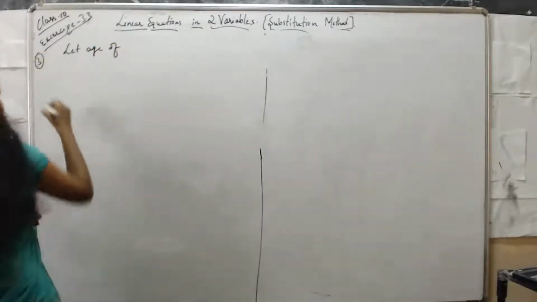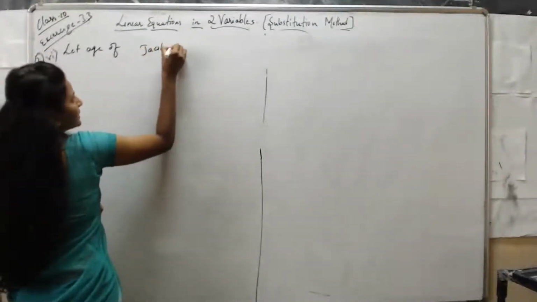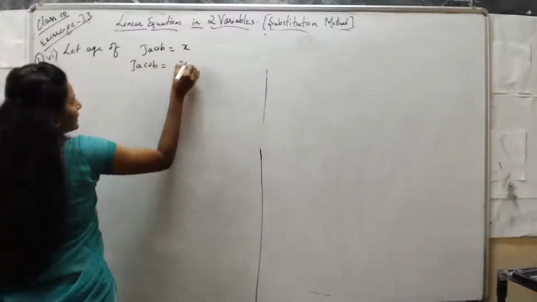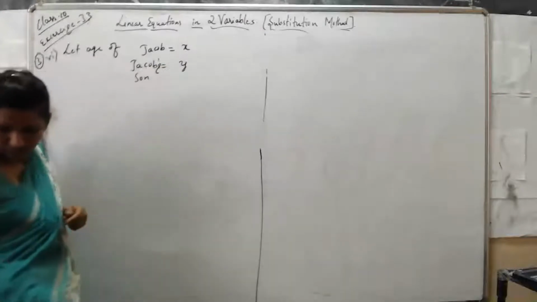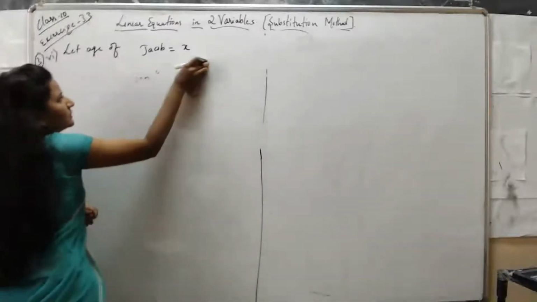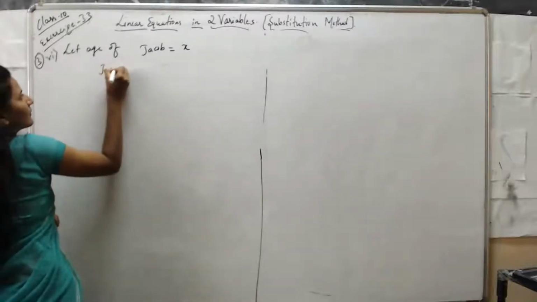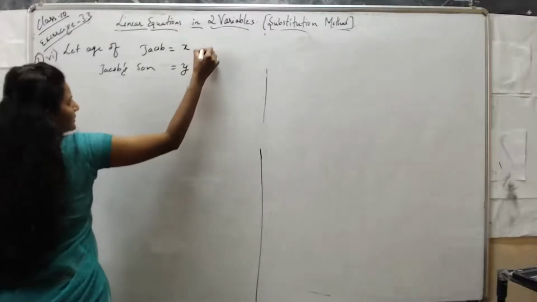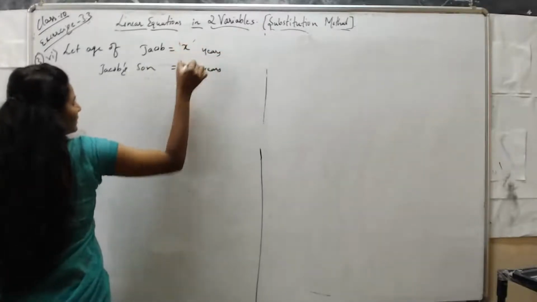Let the age of Jacob be x and Jacob's son be y. I am writing here: x years, y years.